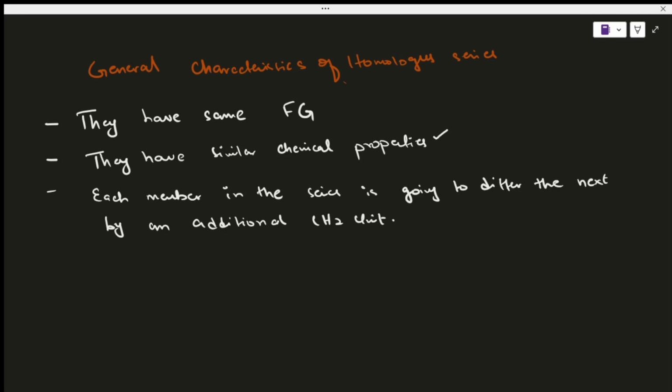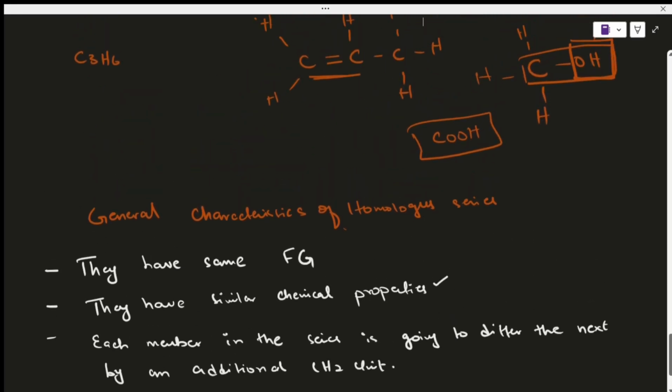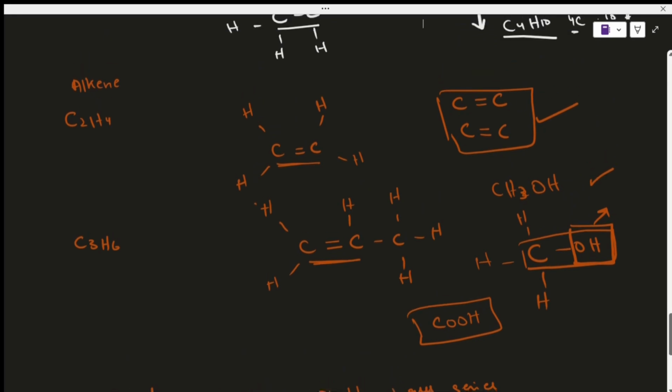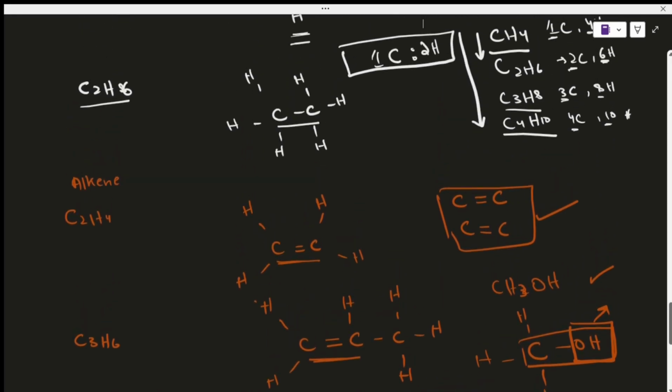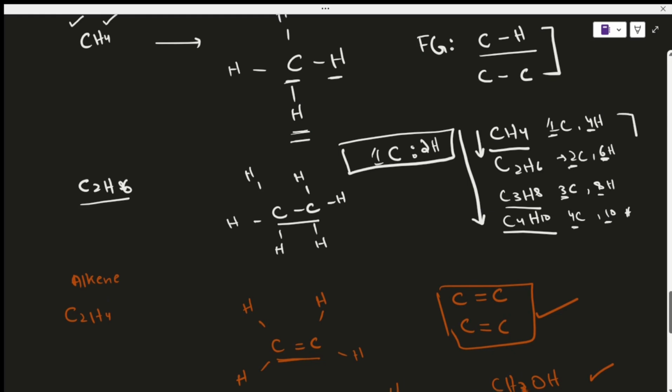Now, each member in the series is going to differ from the next by an additional CH2 unit. I'll show you what I did above. Let's see the idea of this alkane series. If you notice, every member in the series differs from the next one by an additional CH2 unit.